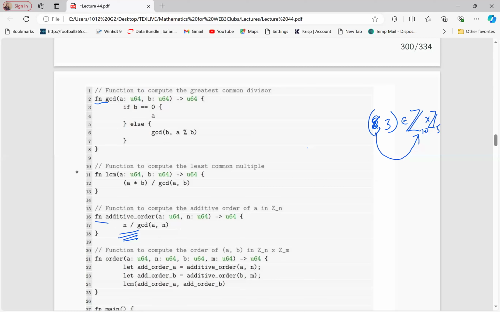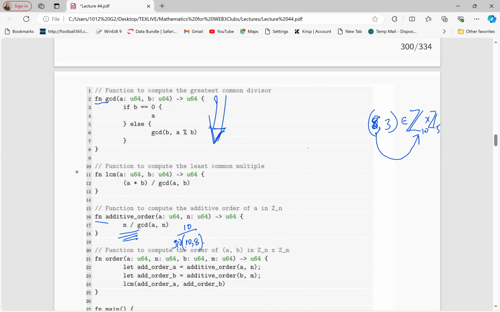So it will then do, the order of 8 will be 10 out of the GCD of 10 and 8. But where is that GCD? The GCD of 10 and 8 is done here.